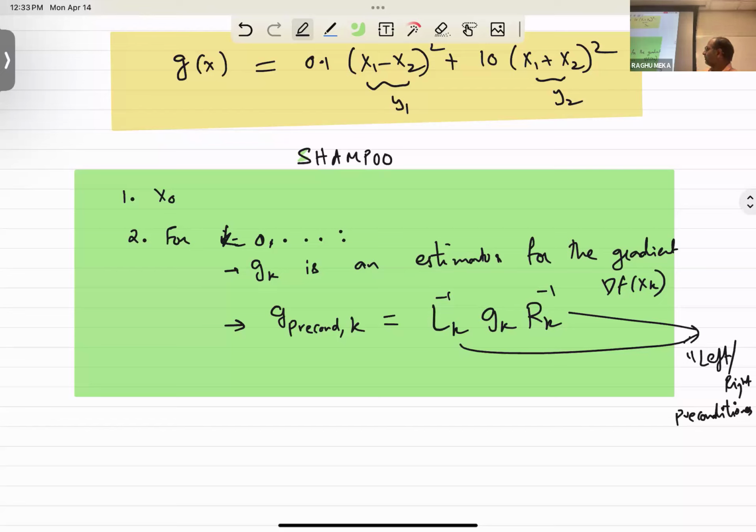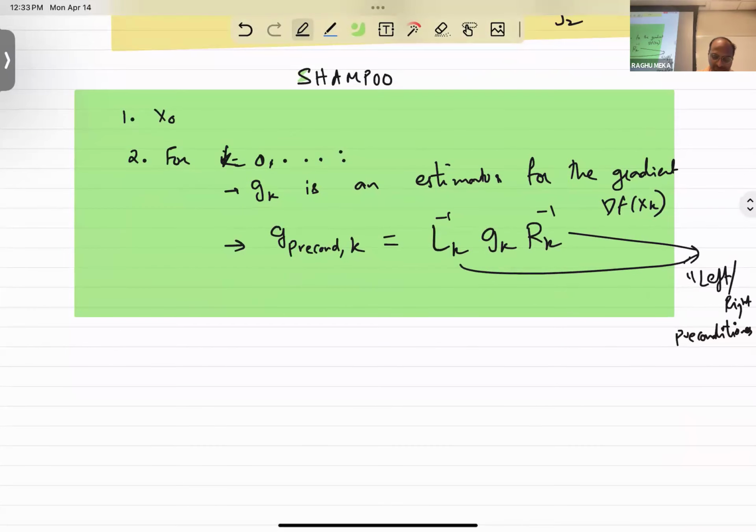If you have a lot of memory, and it's actually memory which is the problem typically, then you can compute the Hessian of the function at x_k and do this more exactly, but it's too expensive.